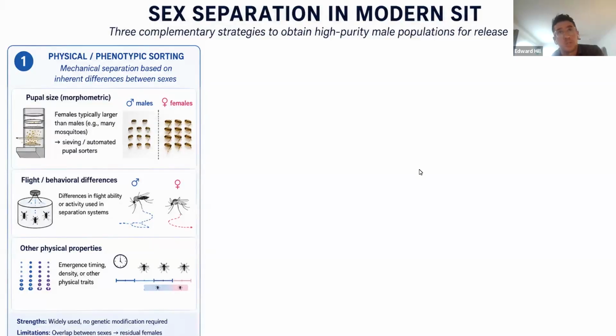The females are always so much larger, so you can separate with mechanical sieves and density separators. But unfortunately, there are no substantive phenotypic differences between male and female screwworms. So it's not the best option for this species.